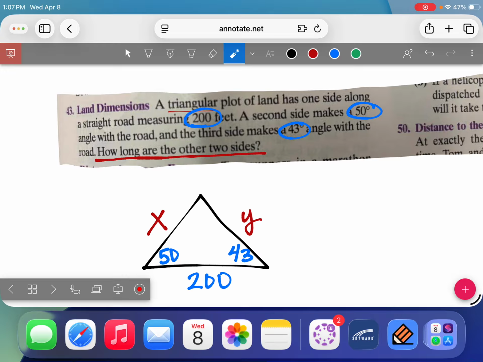Make sure everybody got the right angle at the top. Okay. So you got to take 180 and subtract both of these to get that one.